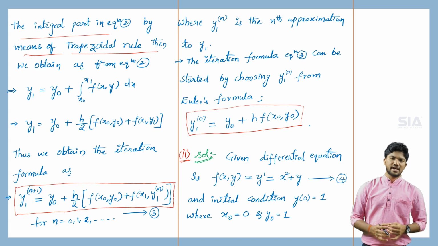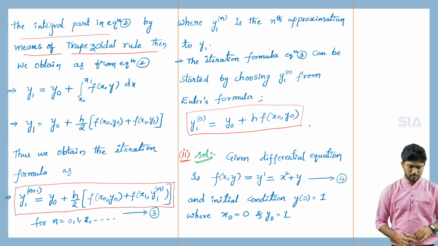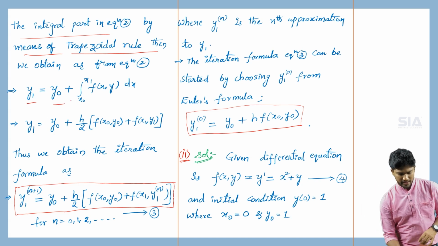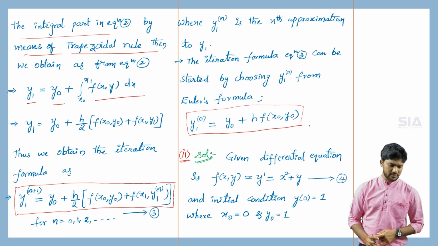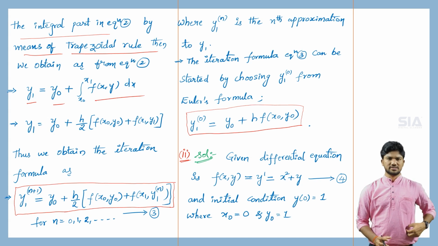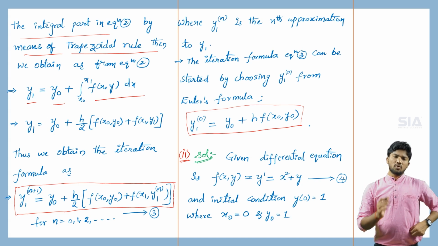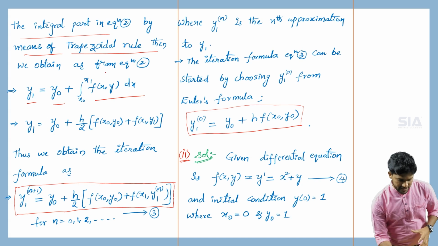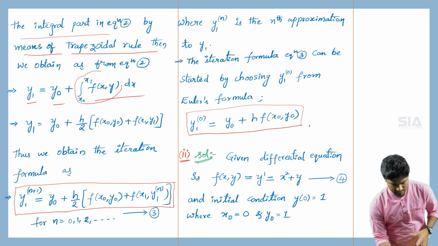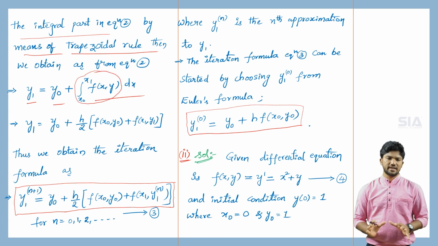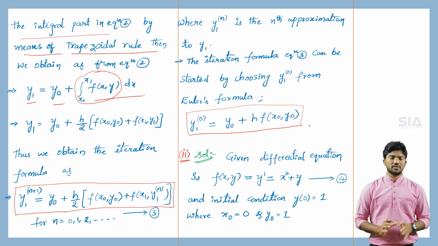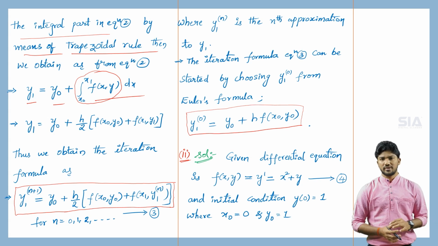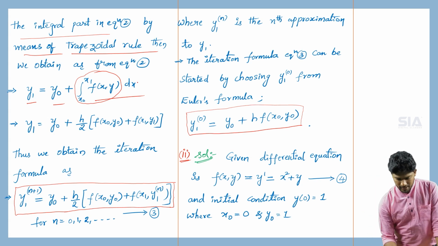Then we obtain equation number 2 as y1 = y0 + the integral from x0 to x1 of f(x, y) dx. Here only the integral part. What is the integral part of equation number 2? This one. That integral part we are applying the trapezoidal rule to. What is the trapezoidal rule?